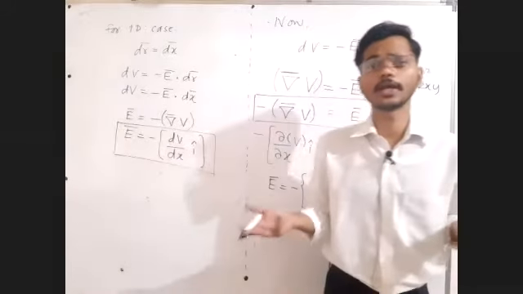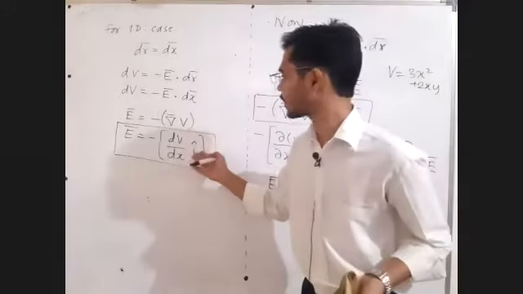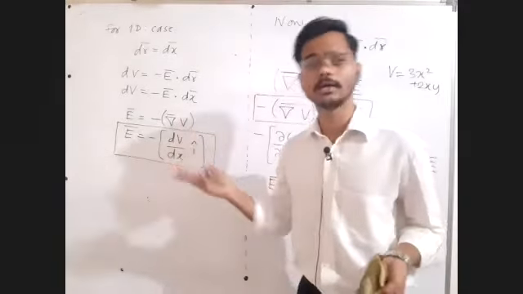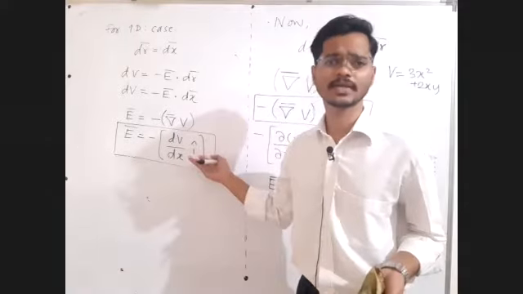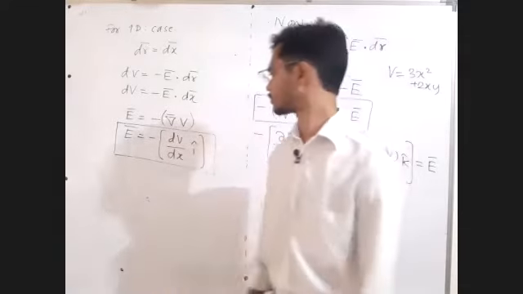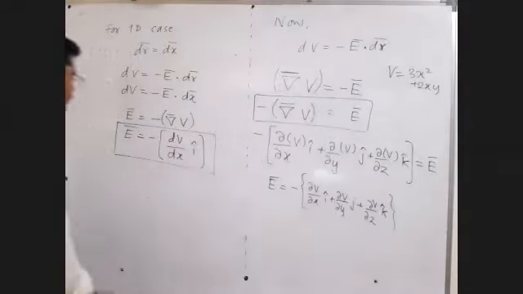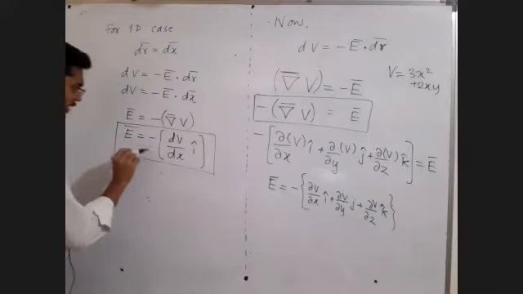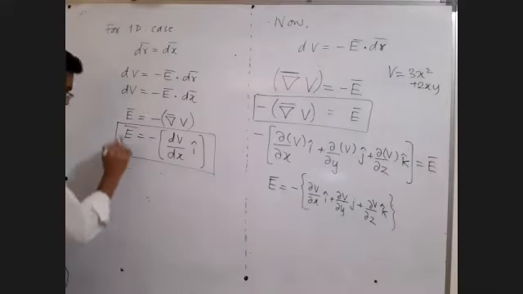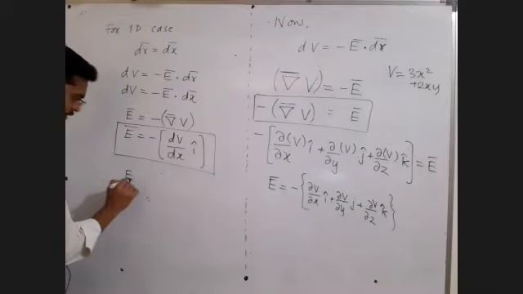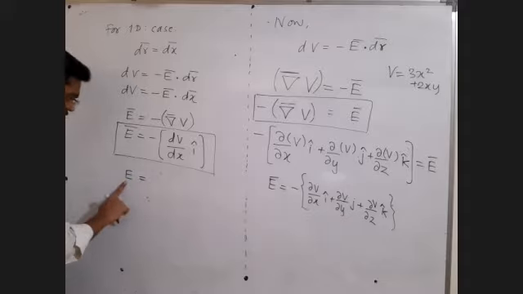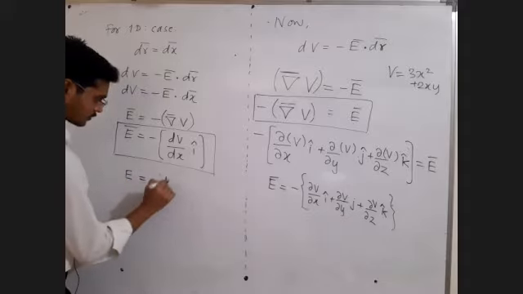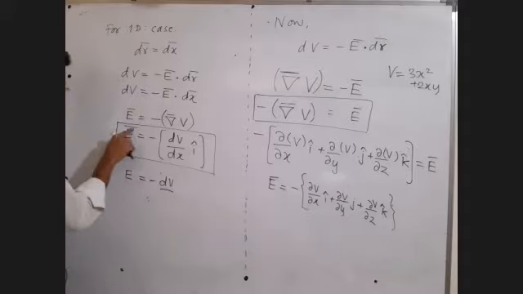Now it's a one-dimensional case. Instead of writing i cap, people will write plus 1. Instead of writing minus i cap, people will write minus 1. So they will say rightward electric field is positive. Instead of writing bar, they will write simply E. It is still a vector relation, but they have simply omitted this bar and this i cap.